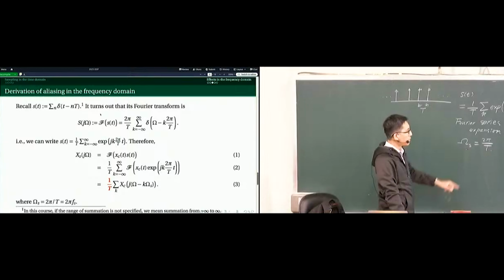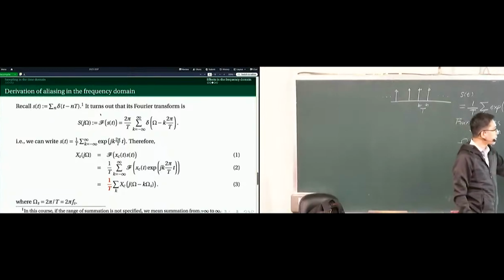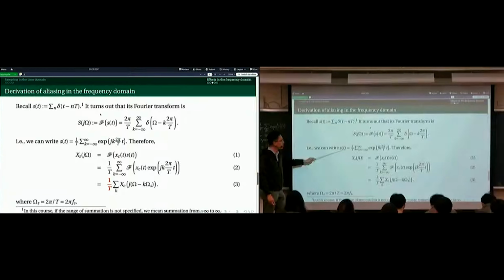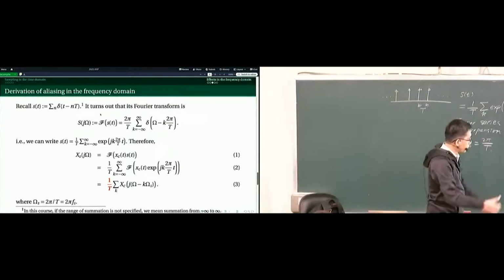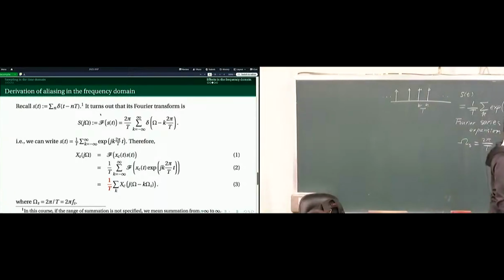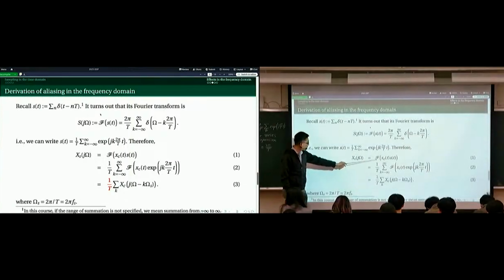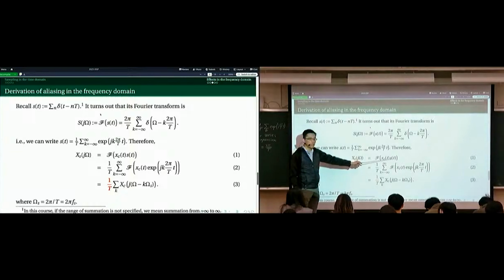Why is it useful? Because if we agree that this equality really holds, then in a few steps you can reach a conclusion. Now X s is the spectrum, the Fourier transform of the signal that we're interested in, multiplied by S of t.